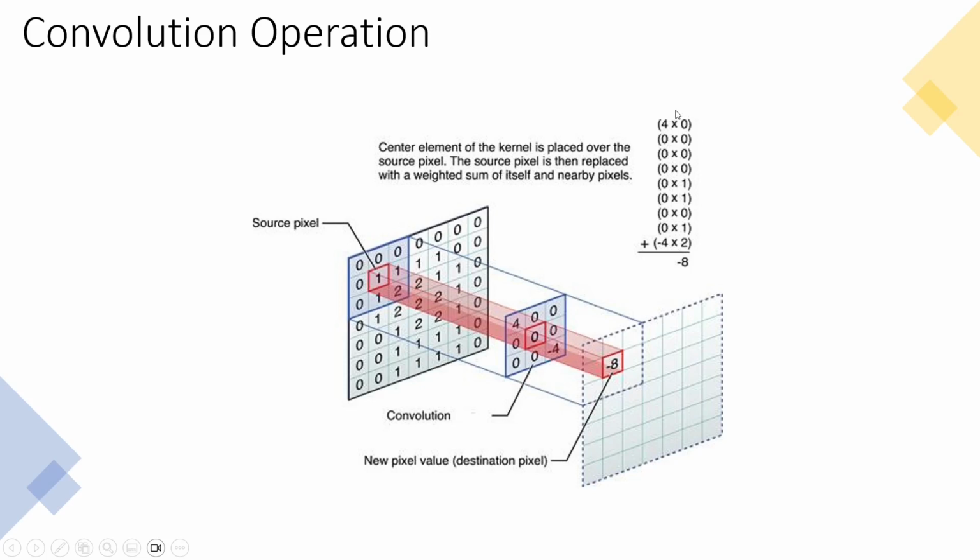These are the multiplication operations, and at the end we just sum these up. That's all 0, 0, 0, 0, and we have just minus 8. So for this part of the image convolved with this kernel, we have a result of minus 8. That's the new pixel value for the destination pixel. That's a very simple operation: you just have multiplications and summation.